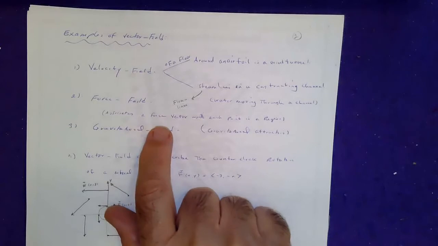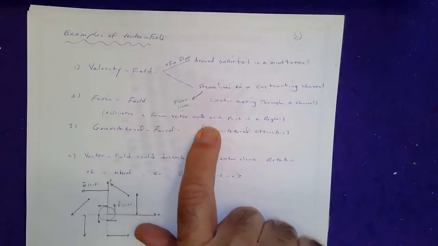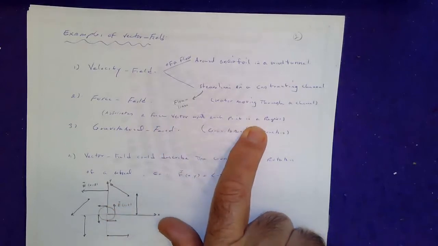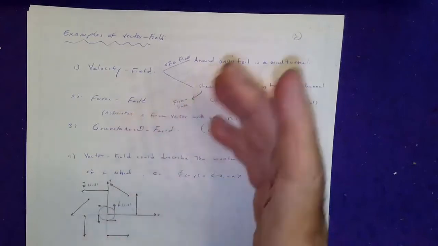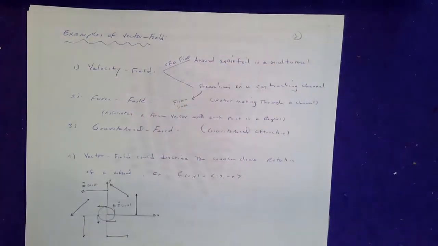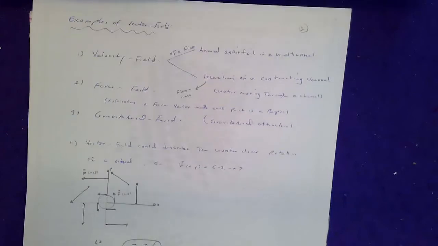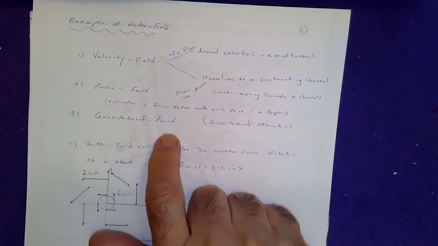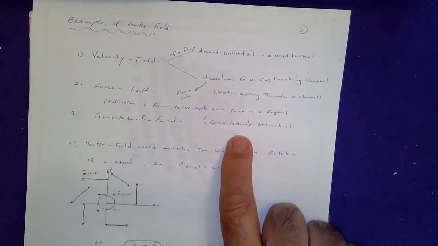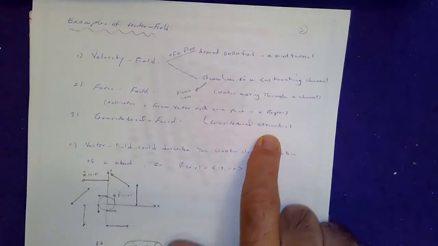A force field associates a force vector with each point in the region. So this could be like mass times acceleration is force. A gravitational field, that would be like gravitational attraction.